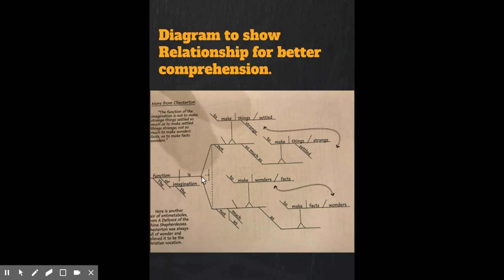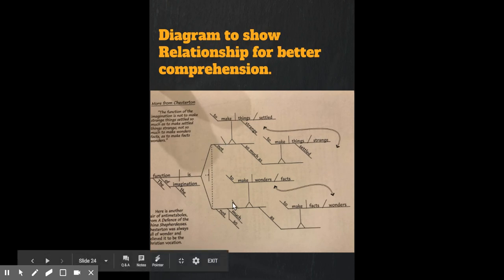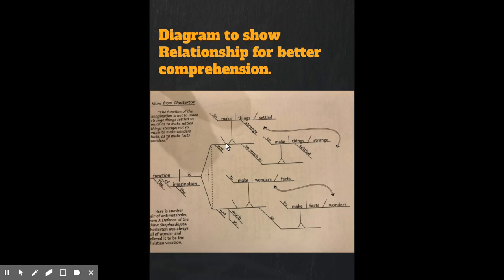But if we start to diagram it and we split this, then we know that we have, if you can see, the slash line meaning a complement, and that whole unit is just being used as the complement, okay? We also have so much as to make strange things settled.